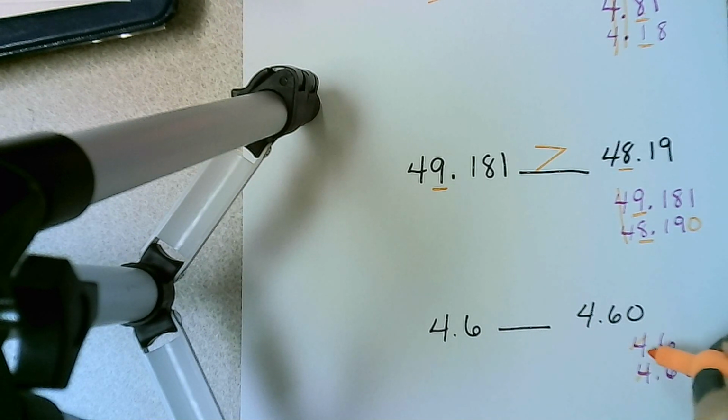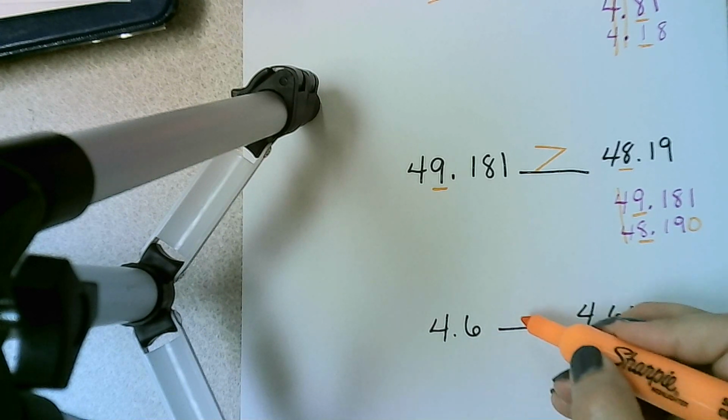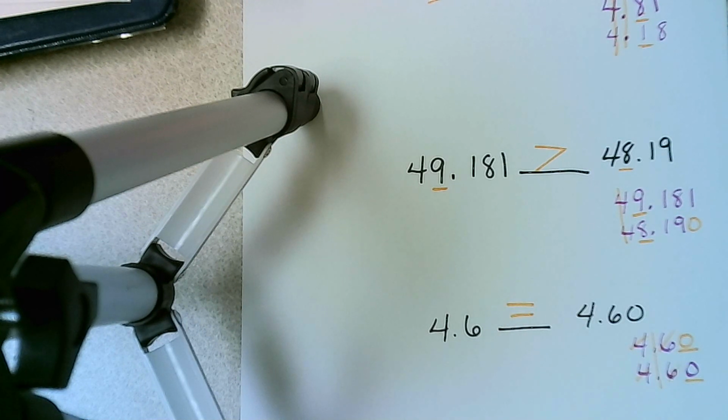Four and 4 is the same. Decimal. 6 and 6 is the same. We have nothing and we have 0. Well, in math, nothing is something. Nothing is 0. So 0 and 0, those are actually equal.